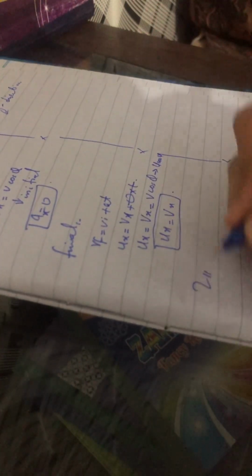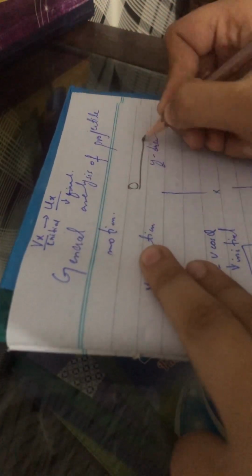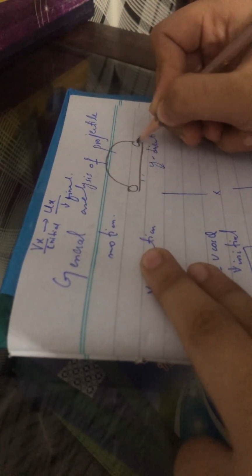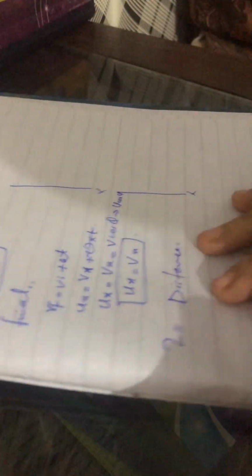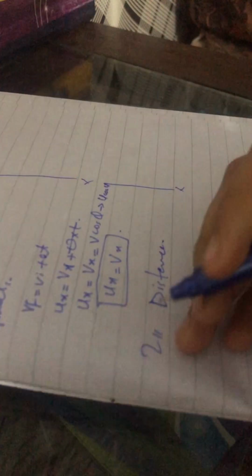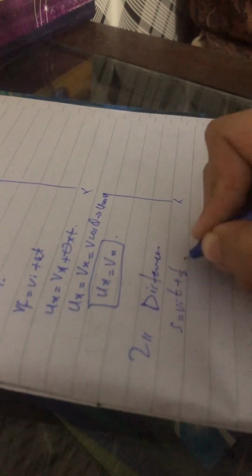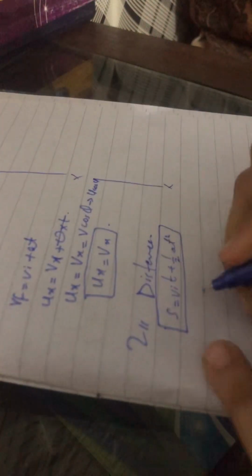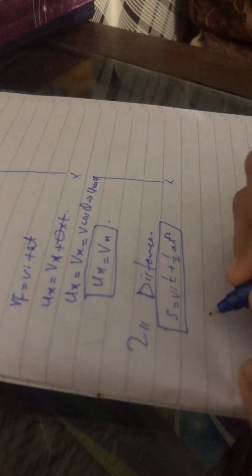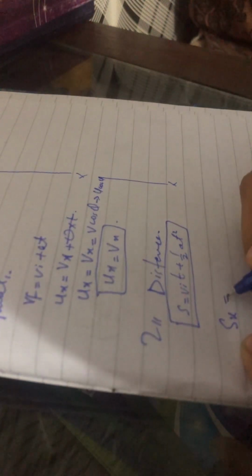Now if we talk about the distance, if this is a ball here, what distance will it cover to come here in the x direction? So we will discuss this here. In the equation of motion, s is equal to vit plus half at square. This was the formula for finding distance. We will use the same here. What is s? It is the distance, which we will show as sx, the distance in the x direction. What is the initial velocity?